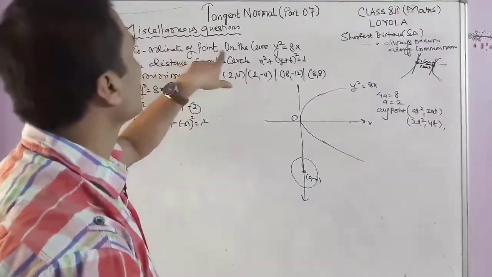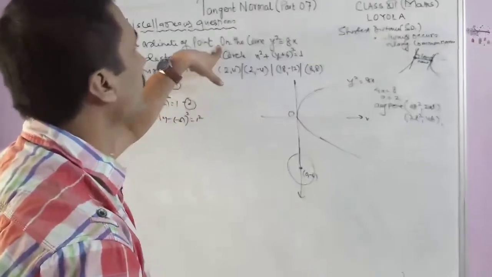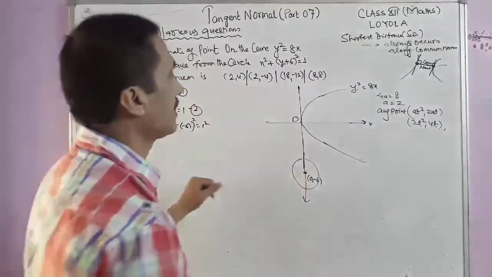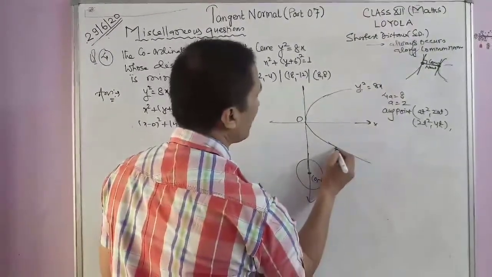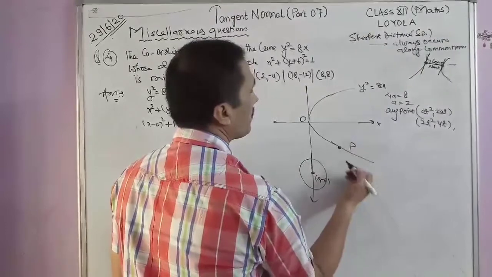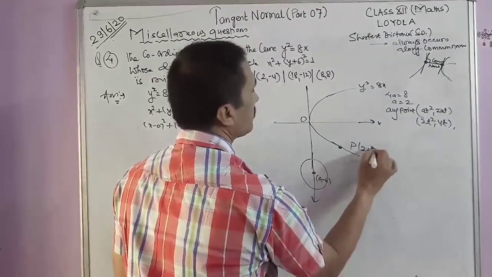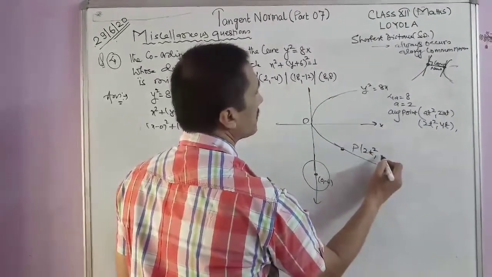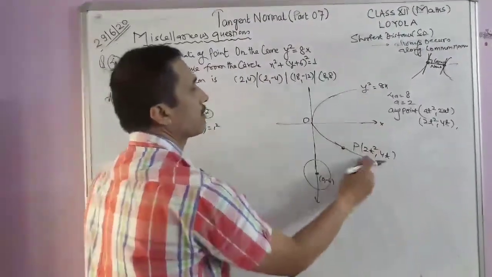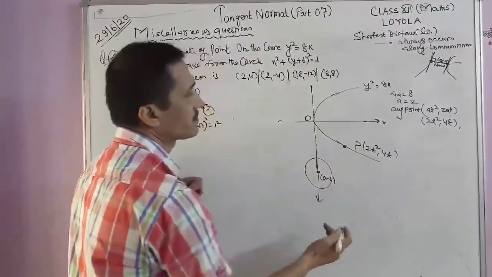We have to find the point on the parabola which is nearest to the circle. Let the point be P, assuming the coordinates (2t square, 4t). We can take any point on the parabola as (2t square, 4t).